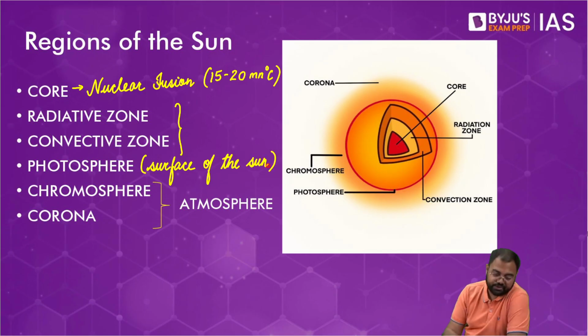The temperature here drops drastically now because we have come very far away from the energy generation core, right? So surface of the sun will have a temperature of almost about 5500 degrees Celsius.